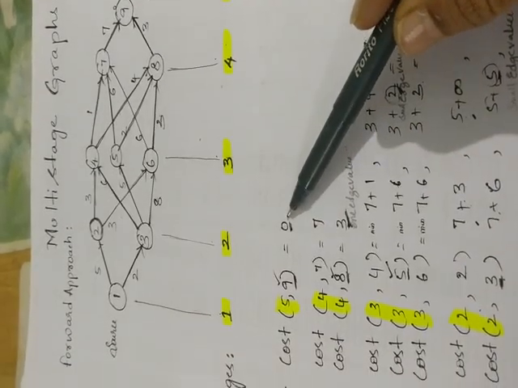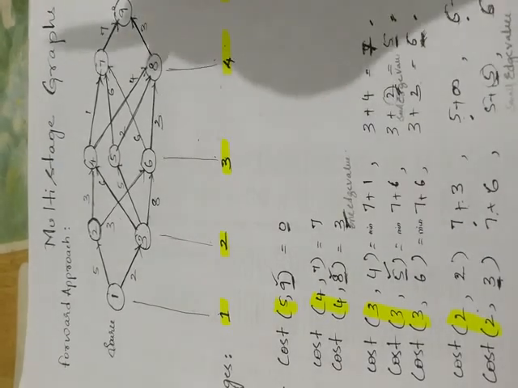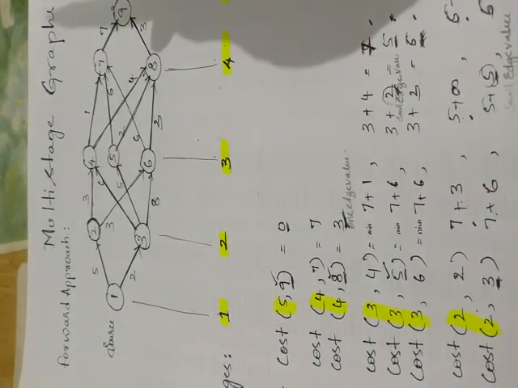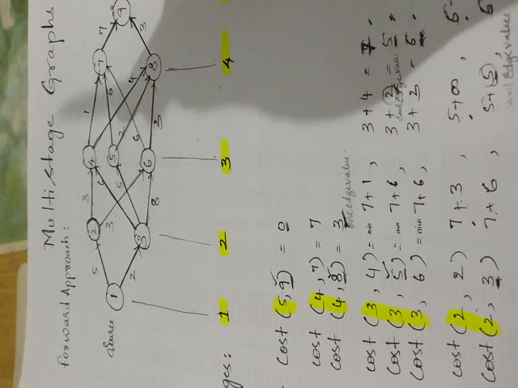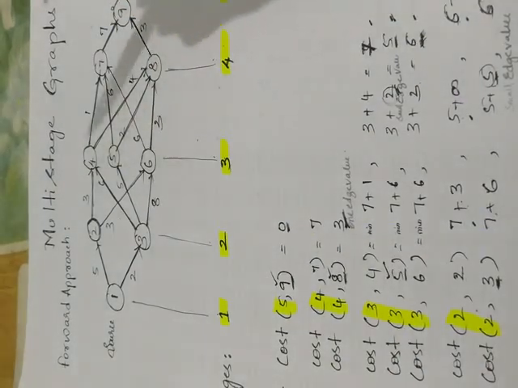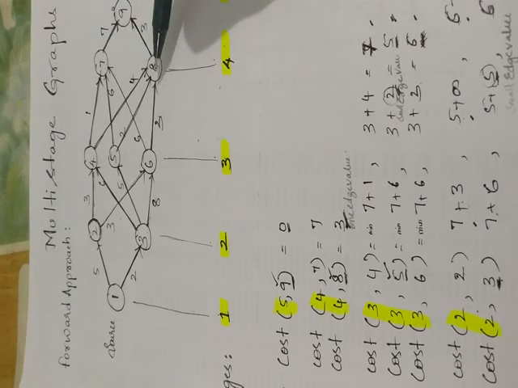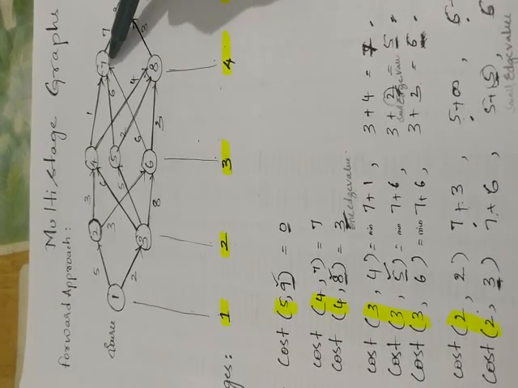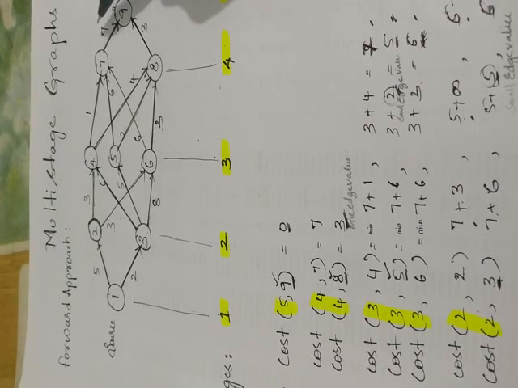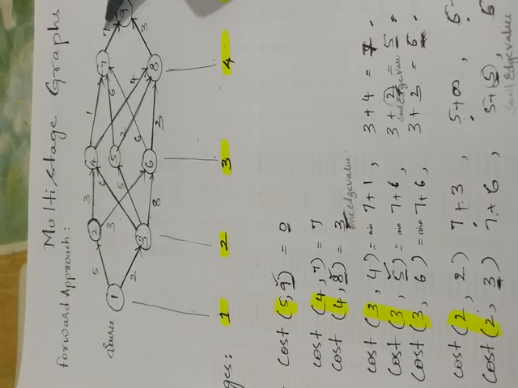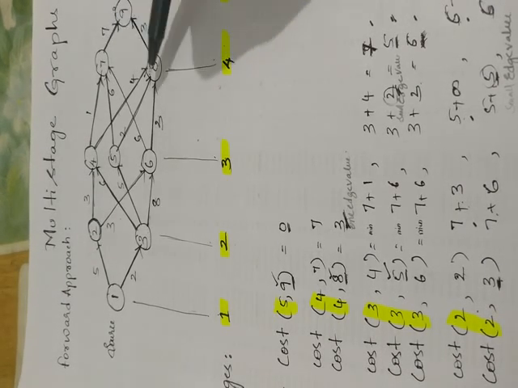Now, since we have finished with the sink stage, that is stage 5, we will move down to stage 4. In stage 4, how many vertices are there? 2 vertices, 7 and 8. From 7 to reach 9, what is the edge length? It is 7. And from 8, it is 3.